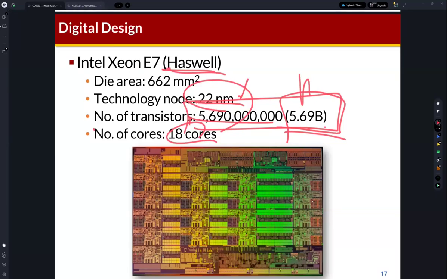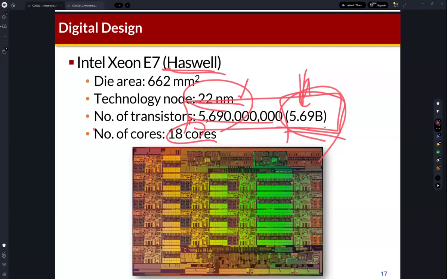And actually these chips include billions of transistors. So how can we design them? If this number is higher, it means that this system is very, very complex, right?